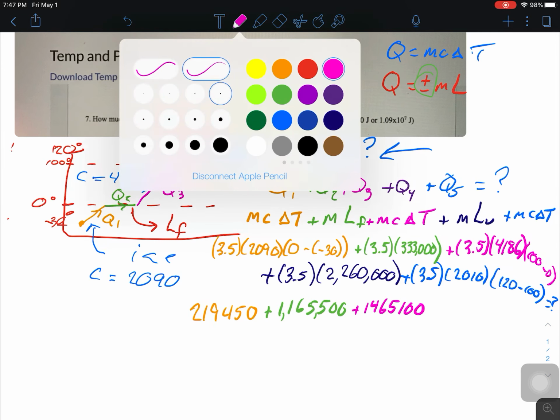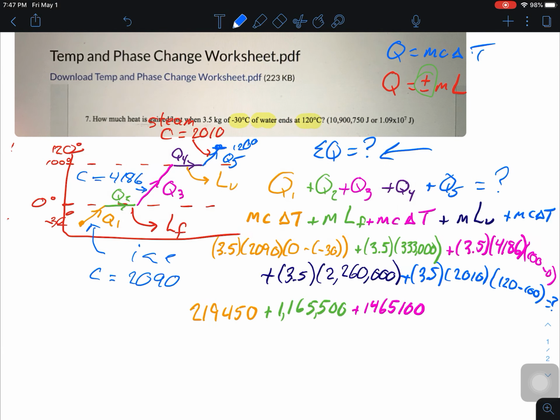Then we do the blue, Q4. Oops, I'm sorry, I missed the Q4. Q4 is in the dark blue, so 3.5 times 2,260,000, that's 7,910,000.